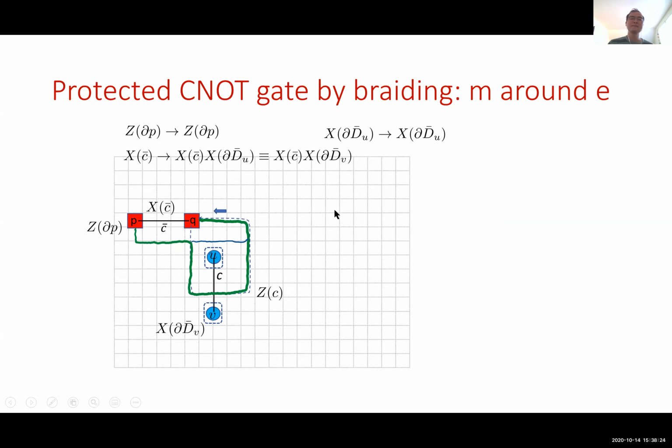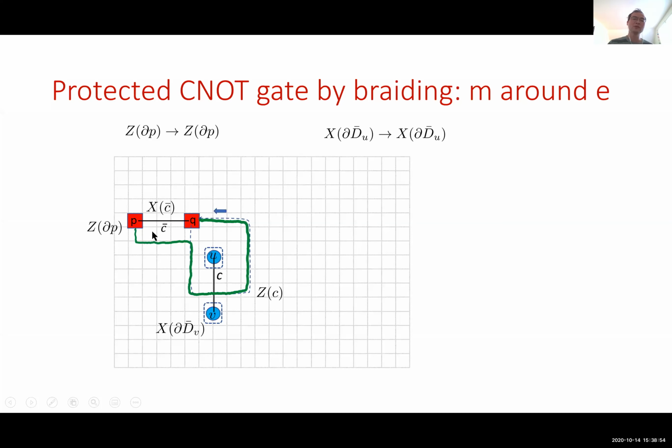Well, I think this is probably the most important diagram in this lecture. So let me go back again. I'm braiding this defect around the charge defect, right? But in terms of the string, my string becomes this and deforms around.